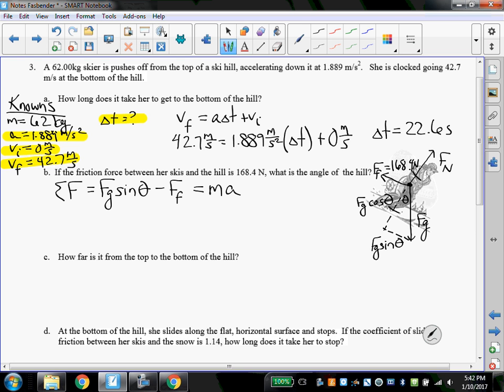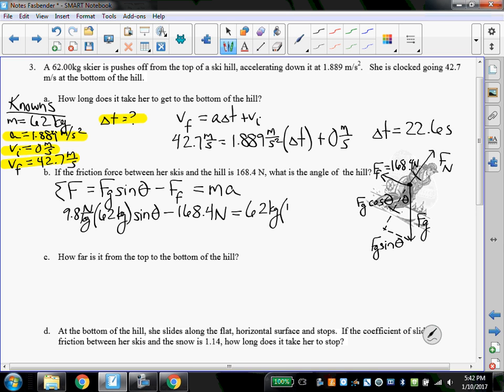Well, let's fill in everything we know. We know that Fg is equal to 9.8 newtons per kilogram times mass, which is 62 kilograms, times the sine of theta. And you know what? We don't know what theta is. That's what we were going to want to find. The force of friction is 168.4 newtons, and this has to equal ma.